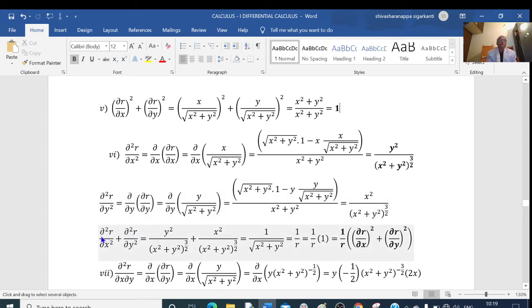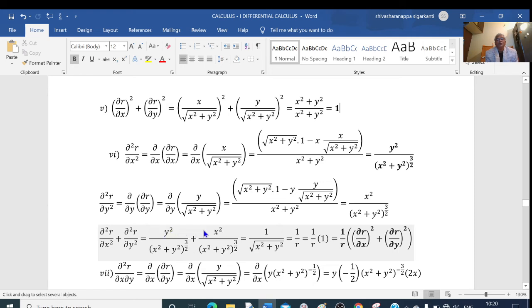Now adding these two, ∂²r/∂x² plus ∂²r/∂y² is equal to y² by (x² + y²)^(3/2) plus x² by (x² + y²)^(3/2). Here, taking the common factor 1 by (x² + y²)^(3/2), the numerator consists of x² + y².